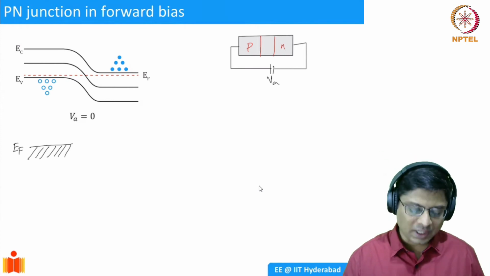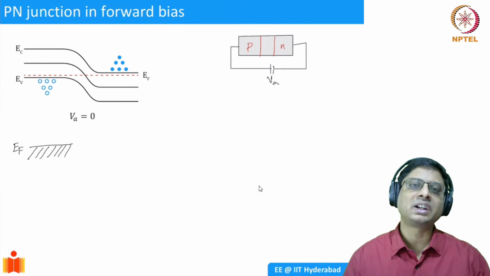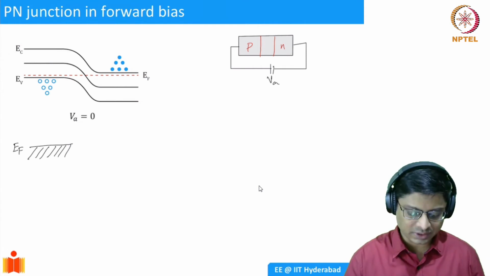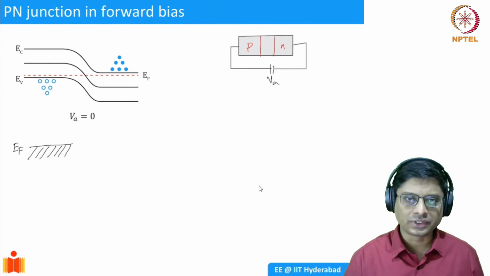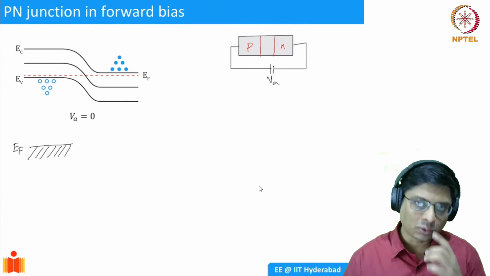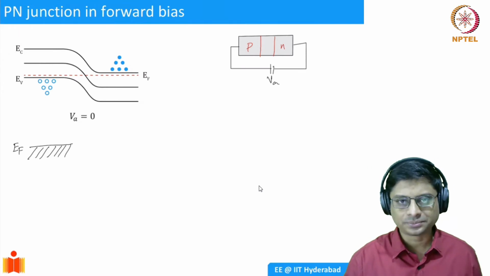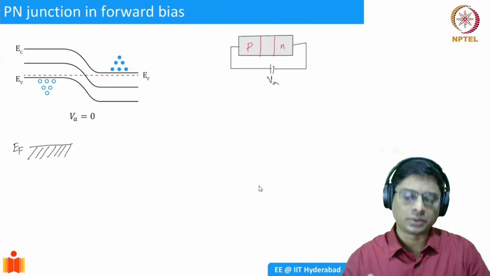Now, when I apply a positive voltage to this semiconductor, I'm going to take out some electrons from the semiconductor. So the semiconductor can be thought of as a tank of electrons, and then you're taking out some of the electrons. So what would happen? The level of electrons would reduce, similar to what happens in a tank. If you take out some water, you will have a little less water, so the top level will move down.